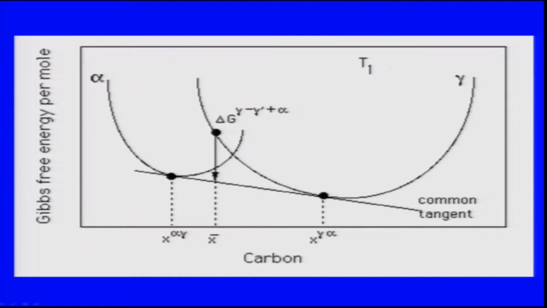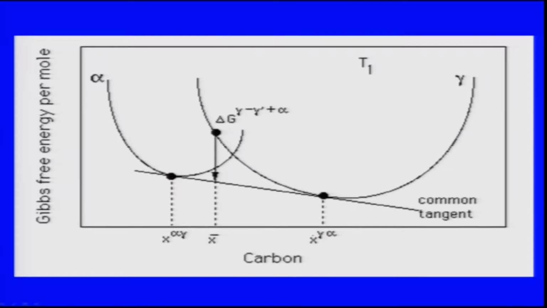Very clearly you see this common tangent will pass through these 2 points. You cannot draw a common tangent other than through these 2 points. Common tangent means the slope here equals the slope there, that is the mathematical condition. So, this is a composition given by x alpha gamma, and this is a composition given by x gamma alpha.